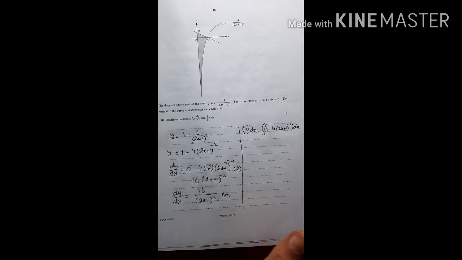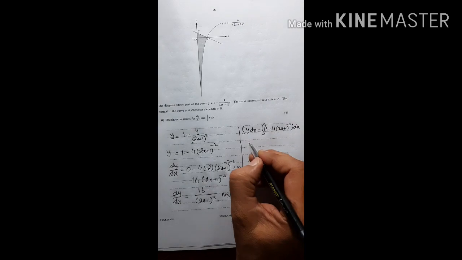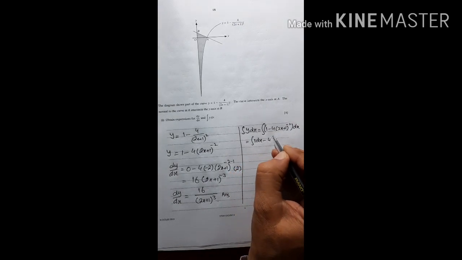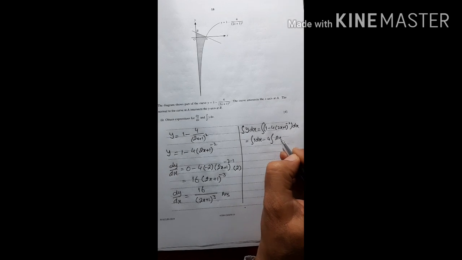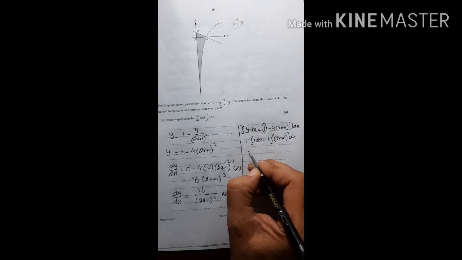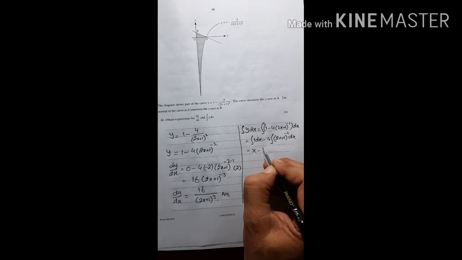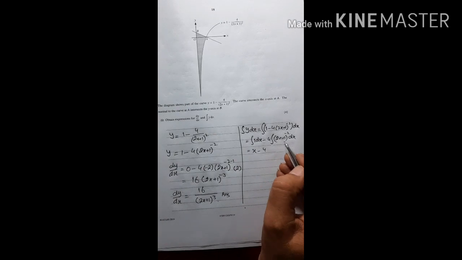Okay, so this will become 1 dx minus 4 into 2x plus 1 power minus 2 dx. So 1 dx is x minus 4. I will integrate this.